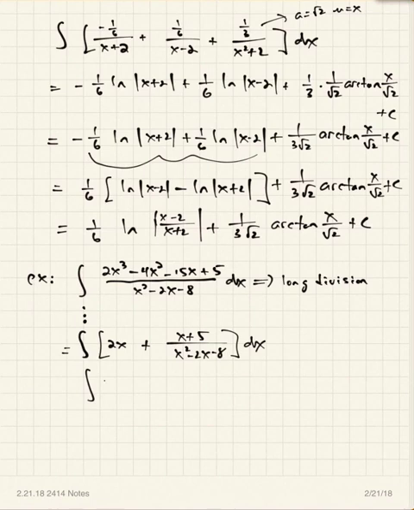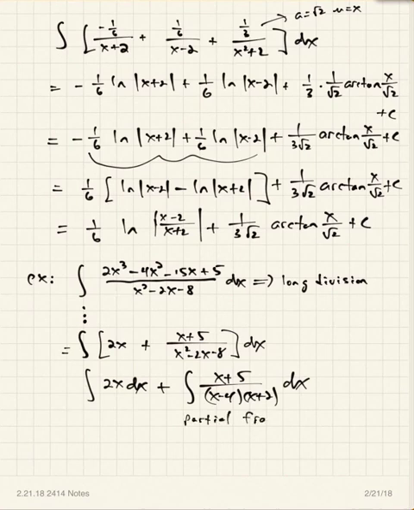You have 2x dx right here for that integral plus, and then this integral is x plus 5 over x minus 4 times x plus 2 dx, and that is now actually a relatively easy partial fraction decomposition. So you had to deal with long division first, and then go from there. And so I'm just going to put etc. there for you to finish that out.